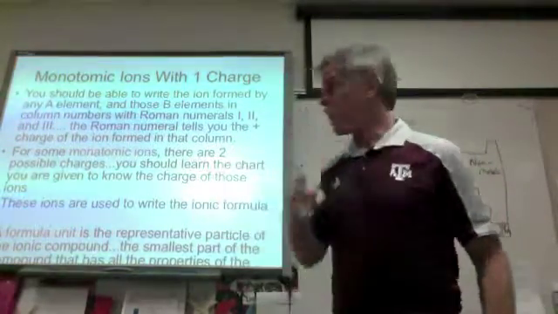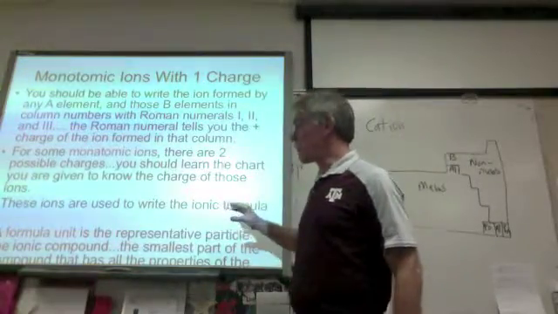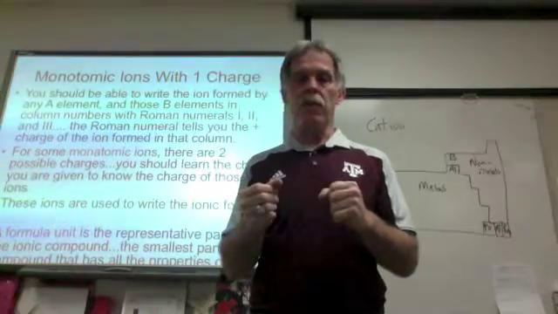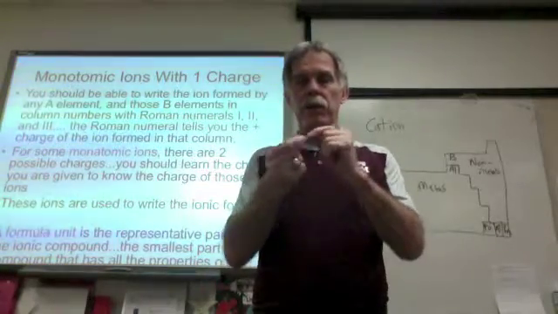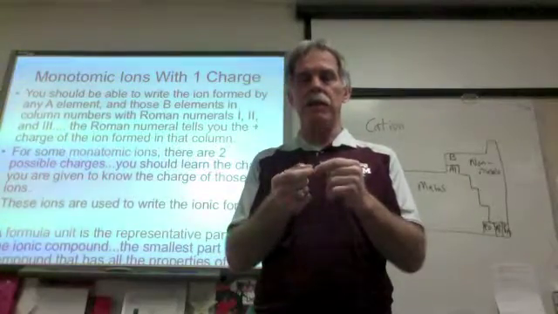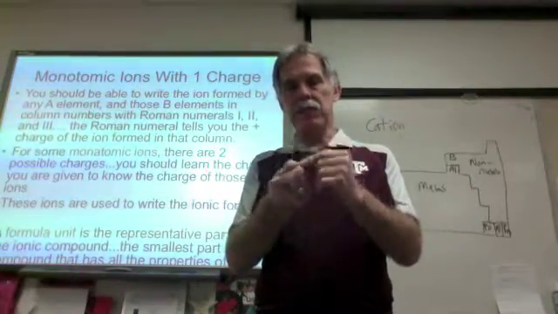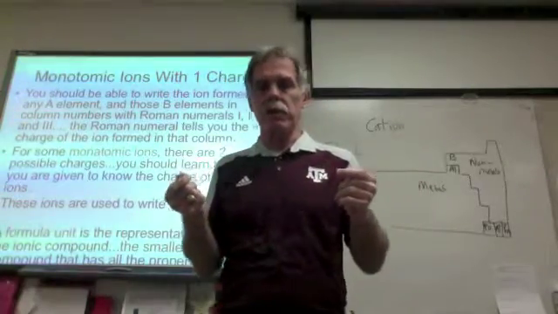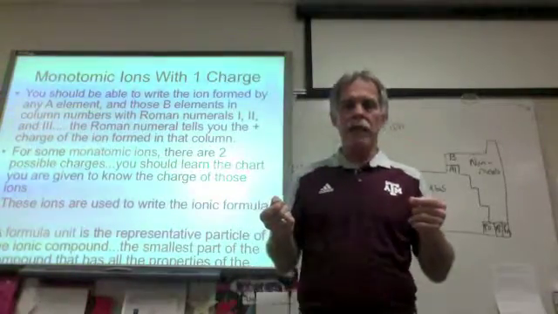Now we're going to be talking also about representative particles. An atom is the representative particle of an element. In other words, if we got down to the very simplest part of an element that still acted, smelled like, looked like the element, that would be the atom, and it's still that element. But if we break it into little pieces of protons, neutrons, electrons, it's no longer that element.